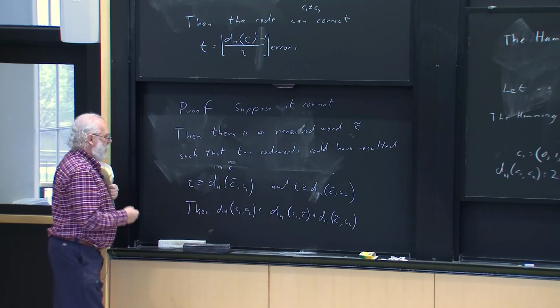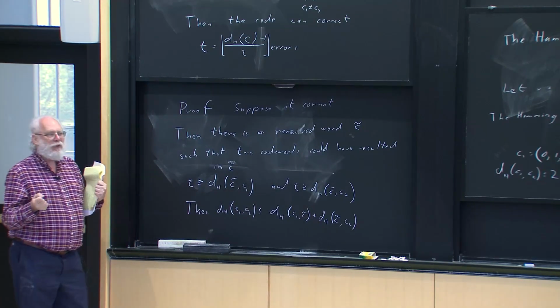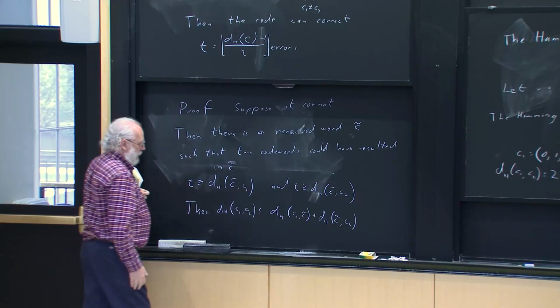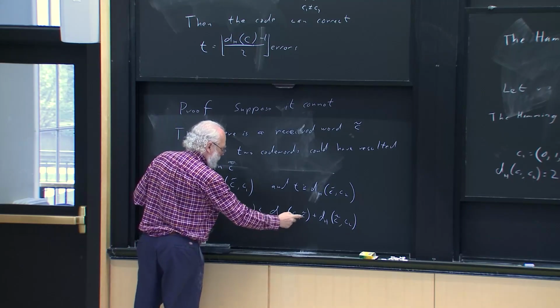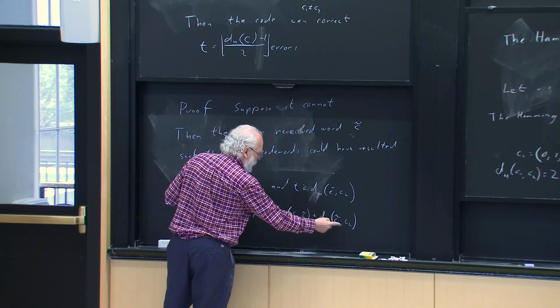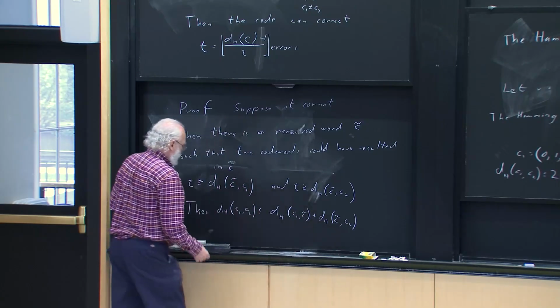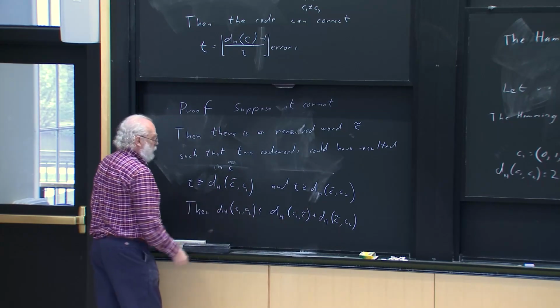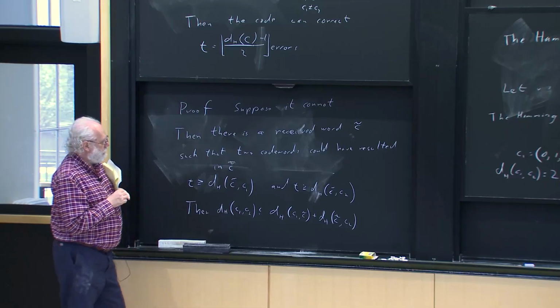This is just because Hamming distance is a metric, which means if the distance between C1 and C tilde is, say, T, and the distance between C tilde and C2 is T, then the distance between C1 and C2 is at most 2T.